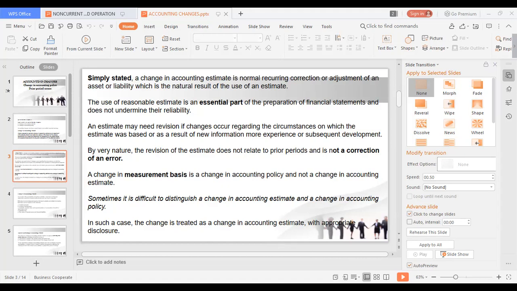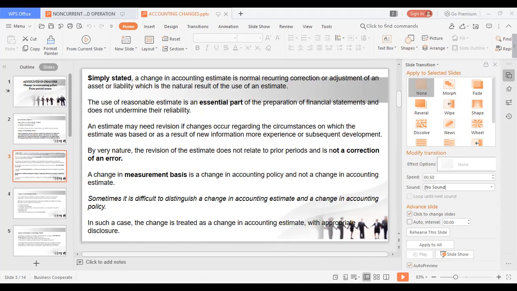So we have 3,600,000 divided by 10 years, the original estimated life, and we multiply by 4 years, counting from January 1, 2016 to December 31, 2019. So it's a period of 4 years and the accumulated depreciation of 1,440,000. So the carrying amount on January 1, 2020 is 2,560,000. That's now in question number 1.